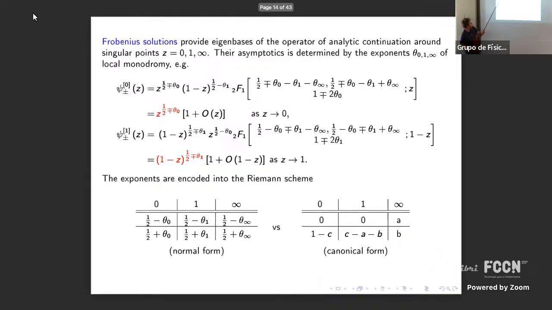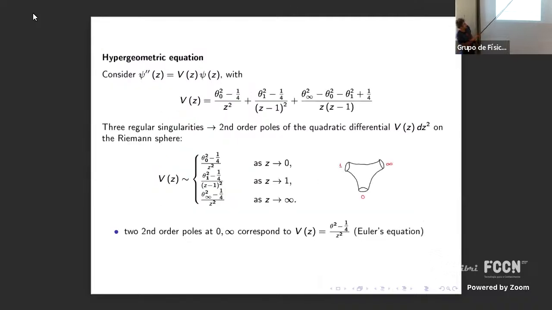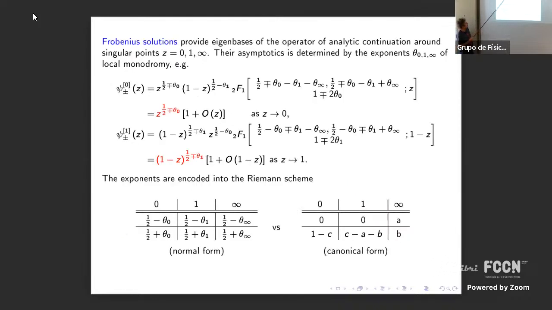These singular points corresponding to second-order poles are called Fuchsian or regular singular points. At each of these, one can introduce a basis of Frobenius solutions, actual Frobenius solutions where you expand in integer powers of z, and not like in this ODE-IM story. I don't quite understand why you refer to those as Frobenius.